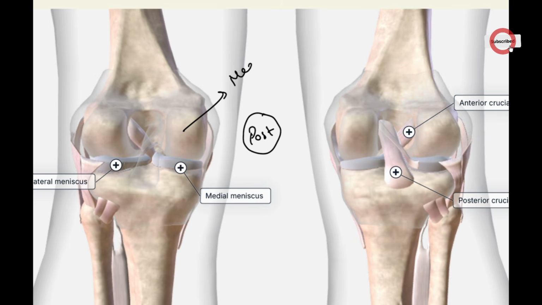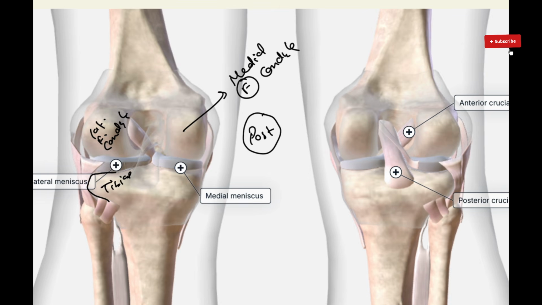This is your medial femoral condyle, and this one is your lateral femoral condyle. This is your lateral tibial condyle, and this is your medial tibial condyle.